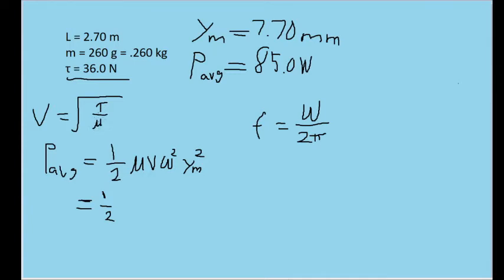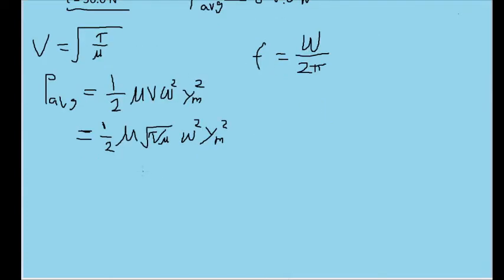We'll want to use this one because we effectively have the linear string density and we do have the tension, so we'll be able to sub that in pretty easily. So it becomes 1/2 times the linear string density times the square root of the tension divided by the linear string density times the angular frequency squared times the amplitude squared.